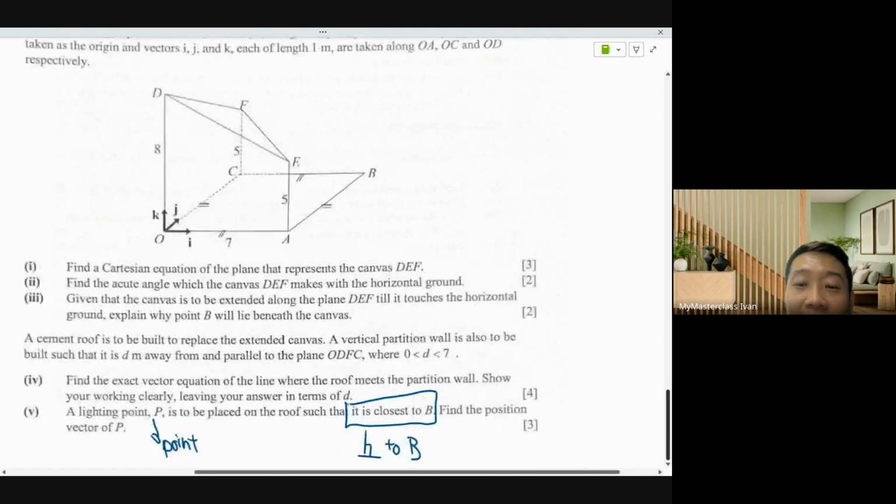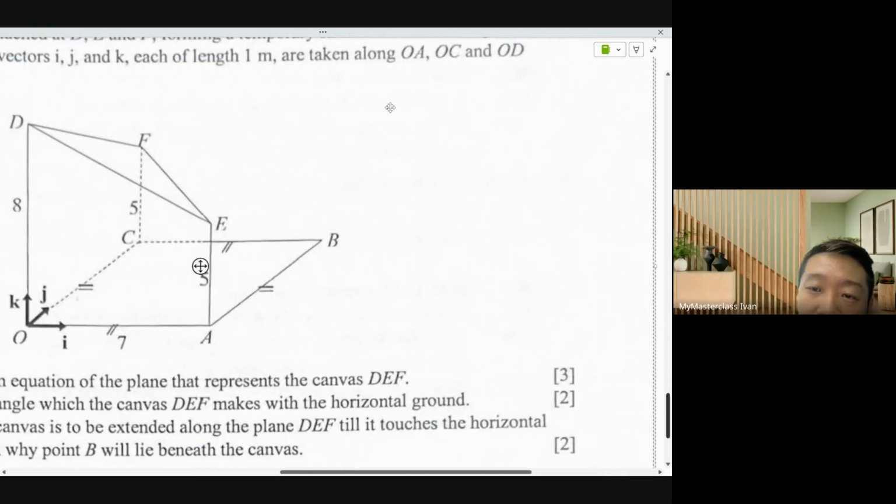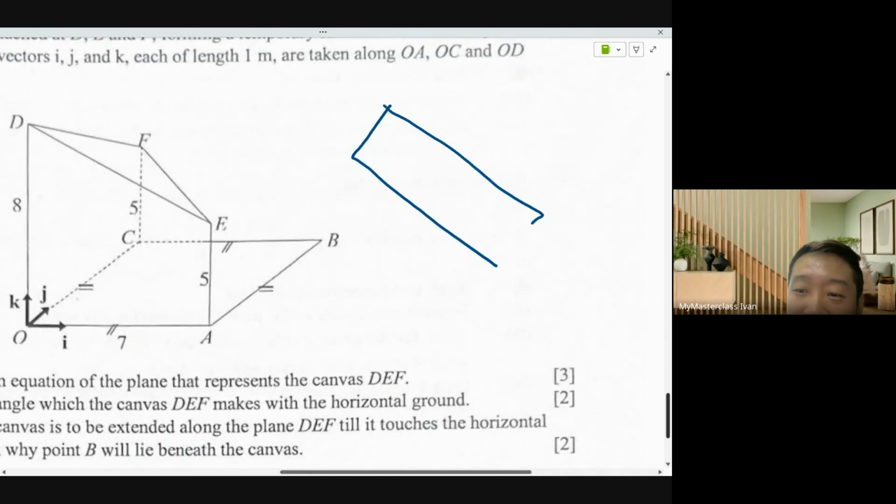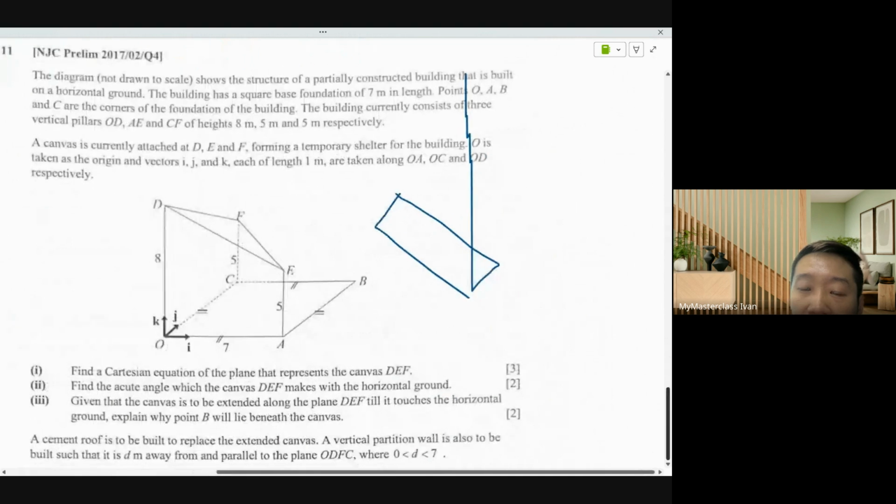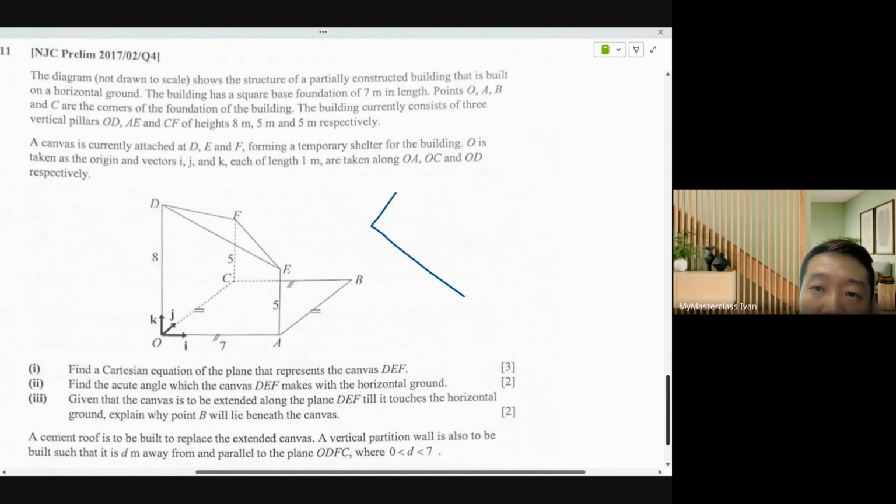The hard part is that this DEF is now looking something like this. So this is the DEF thingy, but because it's extended to become a roof already, understand? Then B is on the floor, so B is like here.